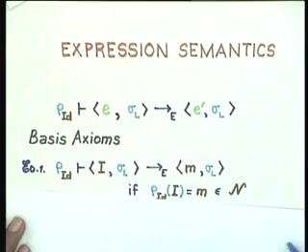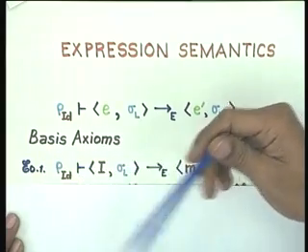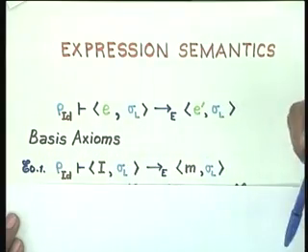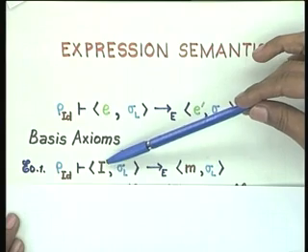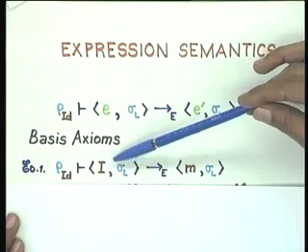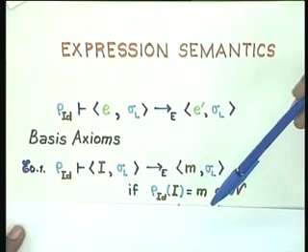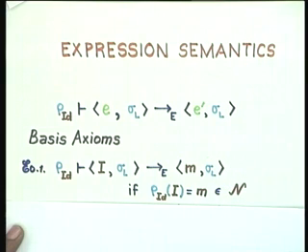So our basic expression axiom E naught is actually going to be split into two, E naught 1 and E naught 2. One thing is that the value of this identifier is just a natural number m, provided the environment declares it to be a constant identifier. That is, if the environment binding for that identifier is the constant m.